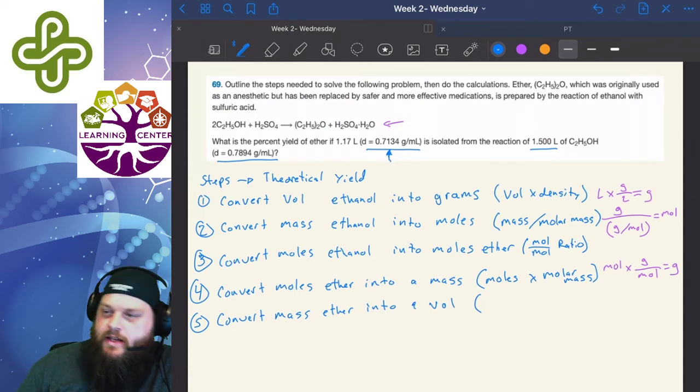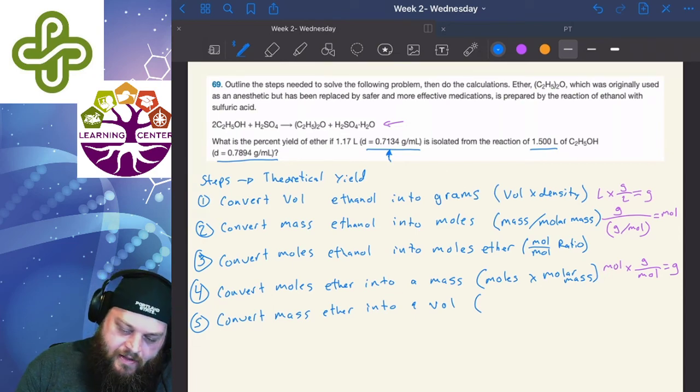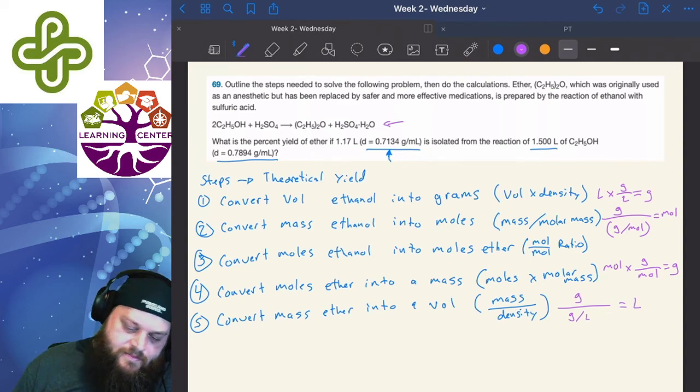So density is grams per liter. So once we have that mass, we can multiply it, or not multiply, we divide by density. Unit-wise, that's grams divided by grams per liter, which equals liters.